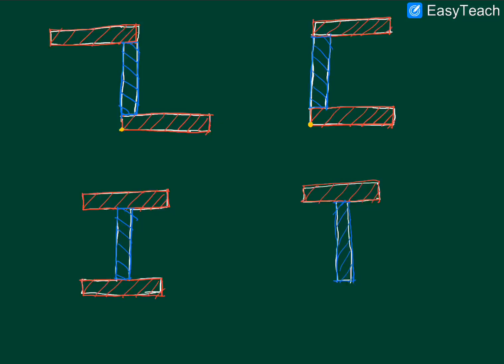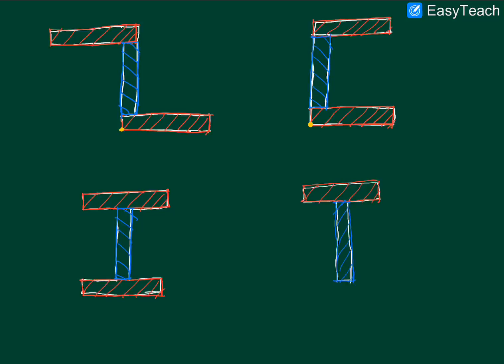So in all of this, it is very much possible to find the values of IZ, IY, and IYZ by referring to these red-colored horizontal rectangles and the blue-colored vertical rectangles. It is, of course, possible to have more complicated cross-sections, but these are some really common real-world engineering cross-sections.